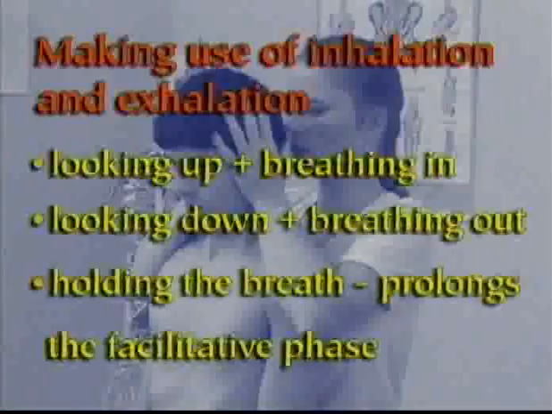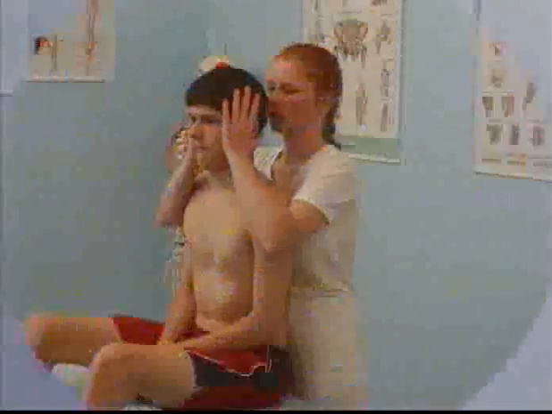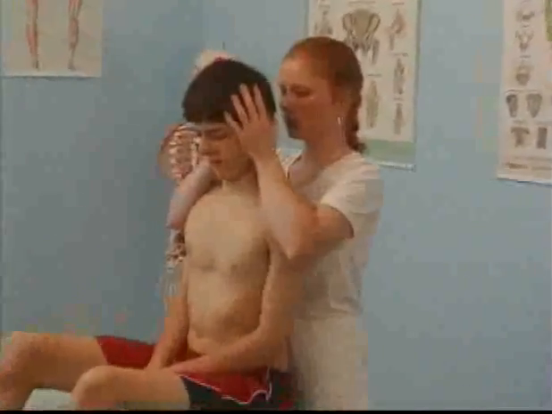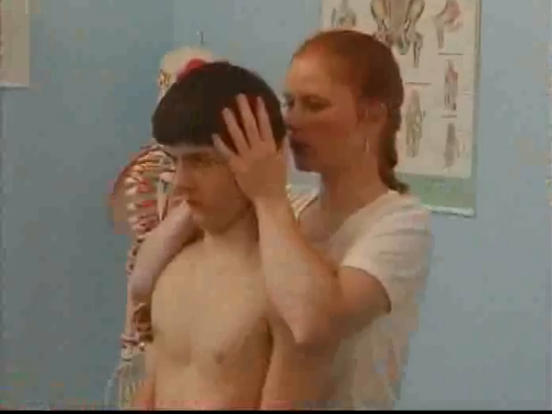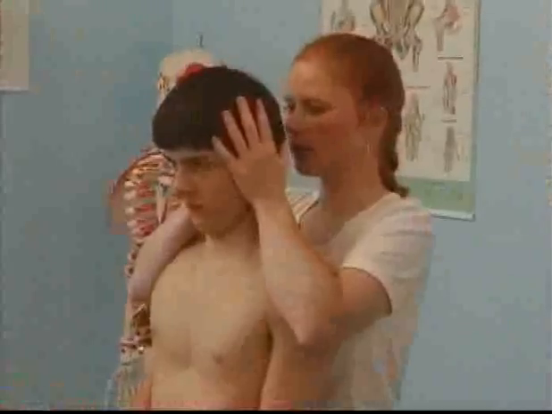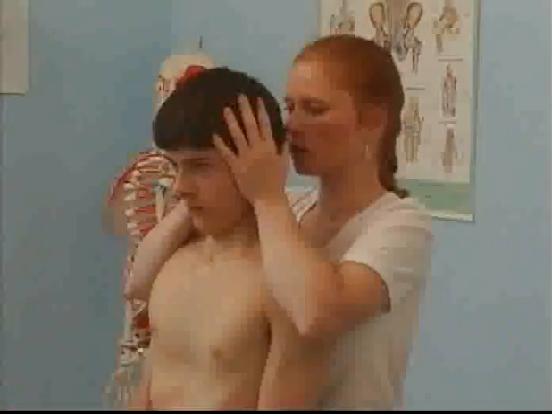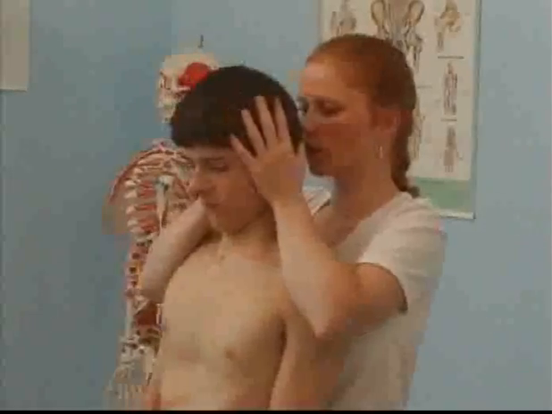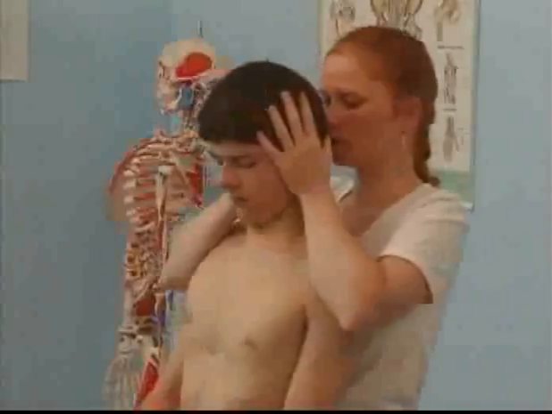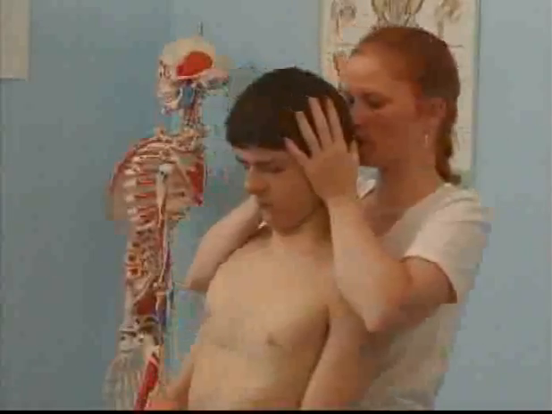Holding the breath prolongs the facilitative phase. Therefore, when we want to relax the extensors of the craniocervical junction, we always combine looking up with inhalation and looking down with exhalation. To slow down the procedure, we ask the patient to hold his breath.